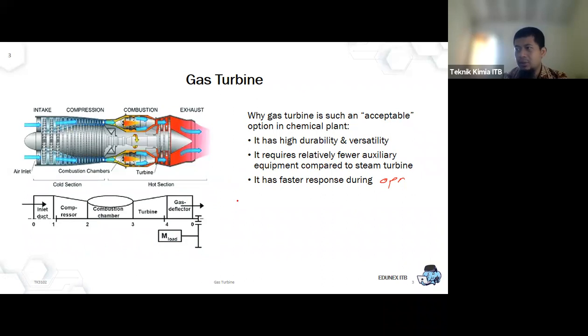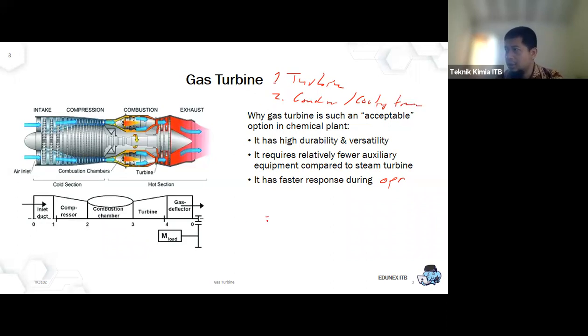cycle, if you still remember how many equipments at least exist in the Rankine cycle, first is what? The turbine itself. Second one is the condenser. Maybe here we are using a cooling tower. You still remember this, don't you?